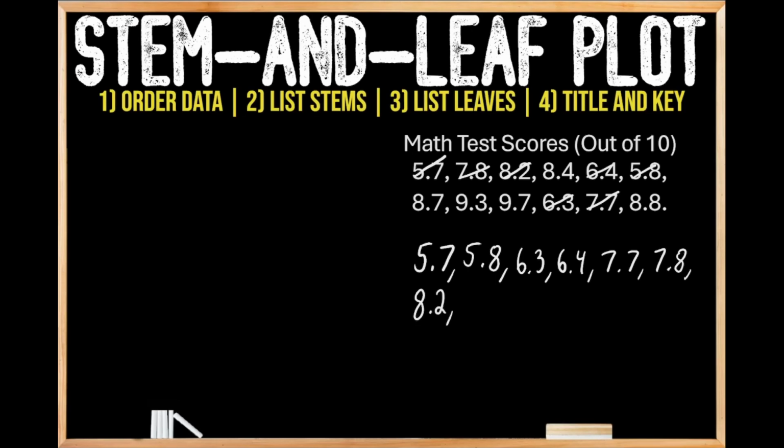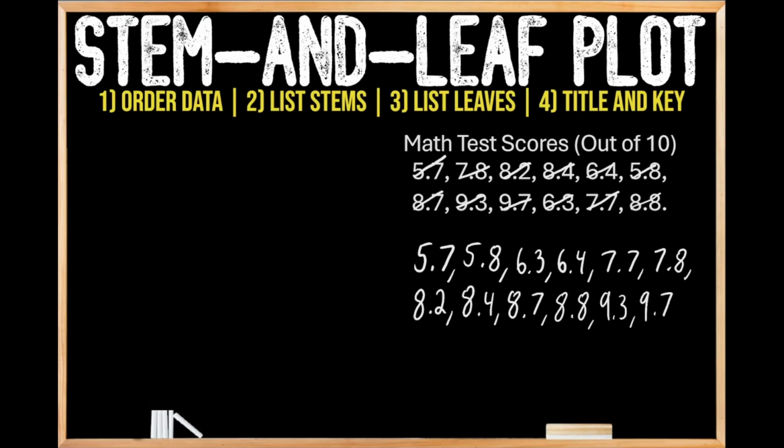Then we have 8 4/10. Then we have 8 7/10. Then we have 8 8/10. Then we have 9 3/10. And lastly, we have 9 7/10.